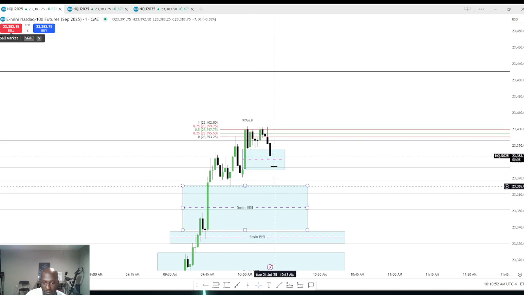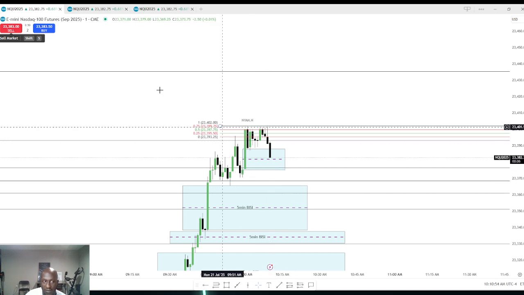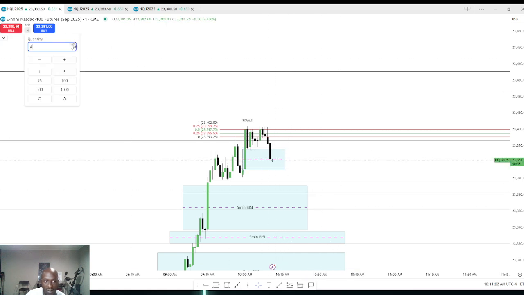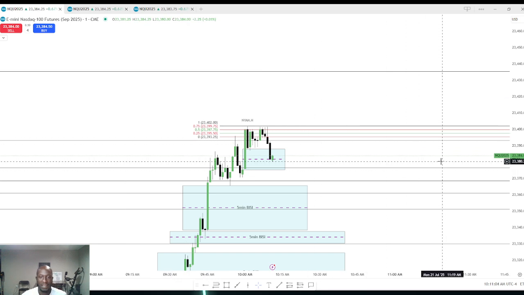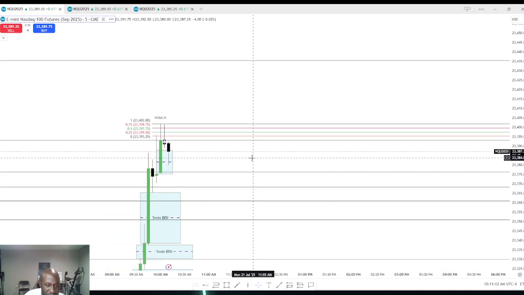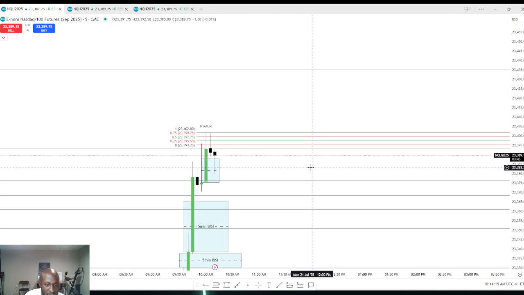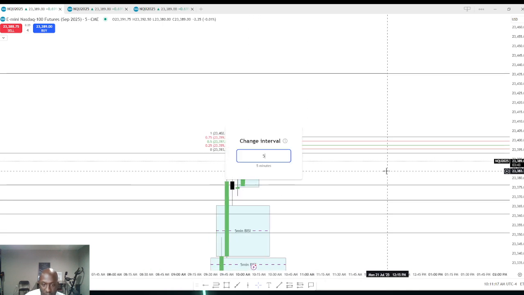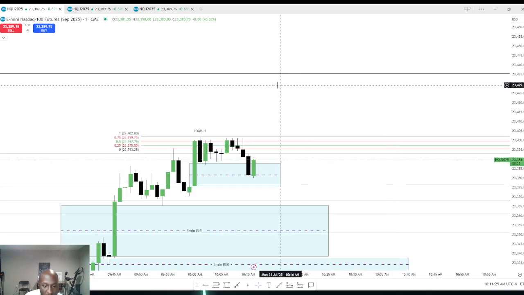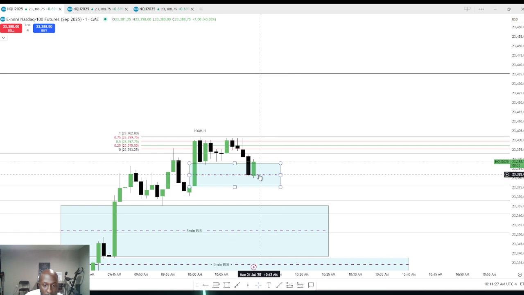See if we get a complete close over this. Stay in the top half to go lower. And we are not getting that so far. We wicked, excuse me, on a higher time frame.